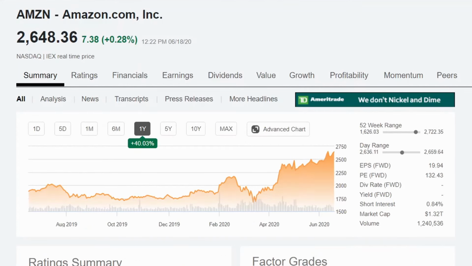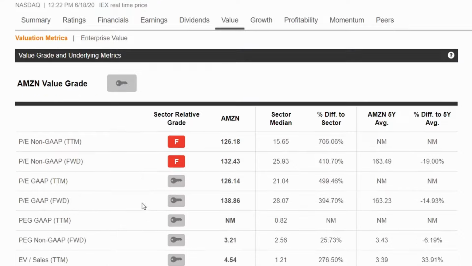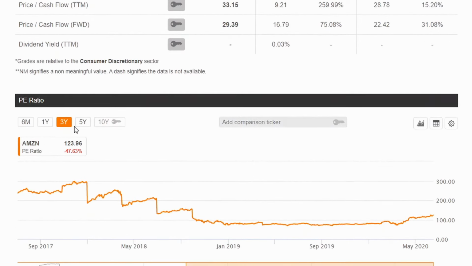Now, if we jump over to Amazon, see it's $2,648. Its earnings per share is $19, and its PE ratio is 132. Let's click on Value, and if we scroll down to its PE ratio, over the past 3 years, you can see Amazon's PE ratio has been declining.